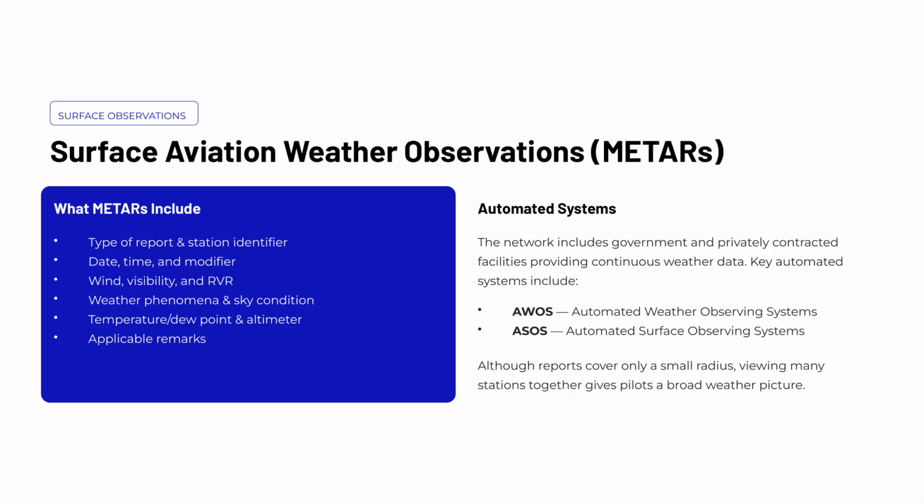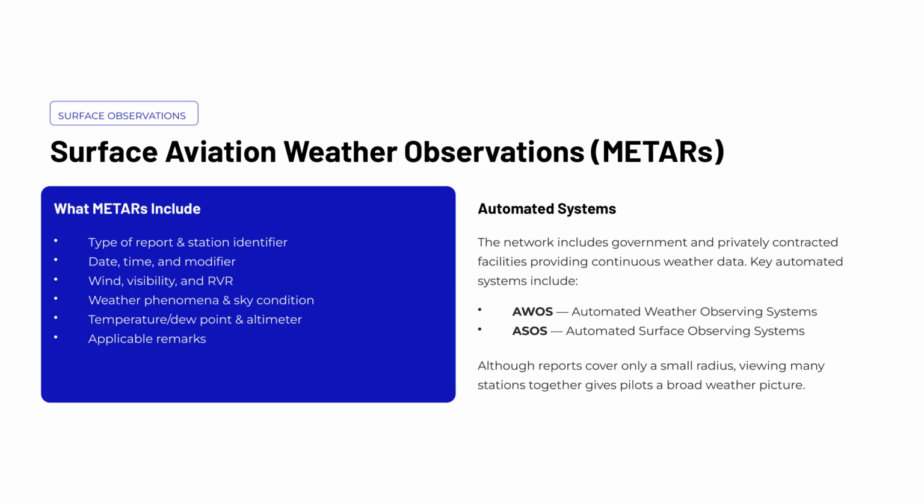It describes current weather phenomena, sky condition, temperature and dew point, and the altimeter setting. The remarks section can provide additional detail that significantly affects your interpretation of conditions. Many of these observations are generated automatically through two primary systems: AWOS, or Automated Weather Observing Systems, and ASOS, Automated Surface Observing Systems.